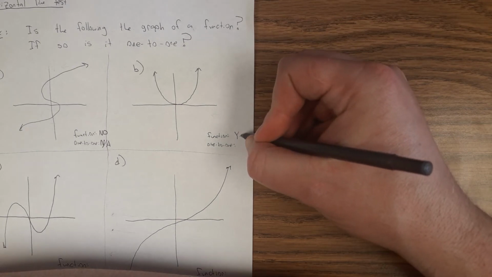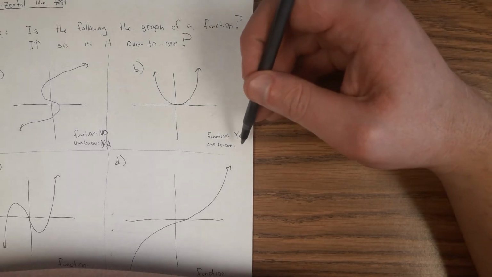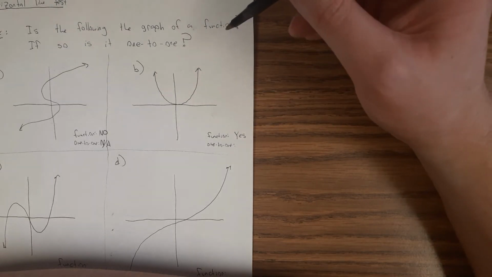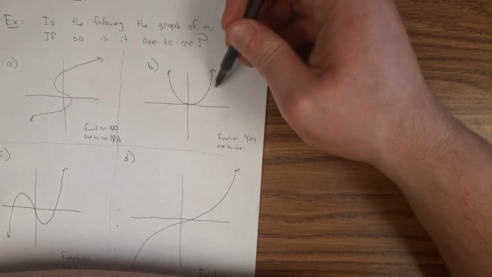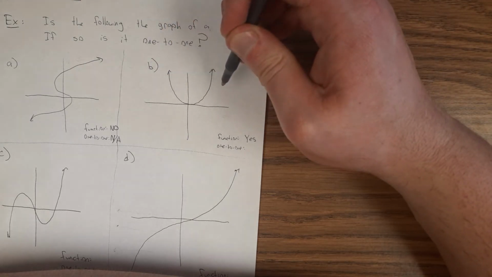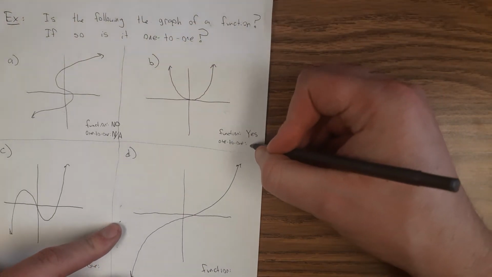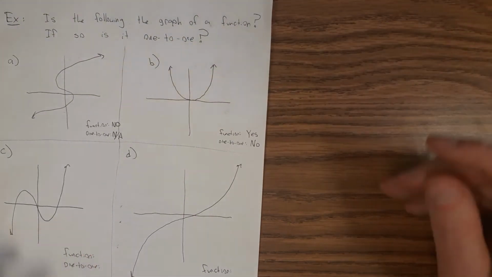This is a function. Now let's say whether it's 1-to-1. For that, I think about the horizontal line test, and right away I can see that this is going to fail the horizontal line test. It's very easy to draw a horizontal line that crosses twice. So that fails. So no, it is not one-to-one.